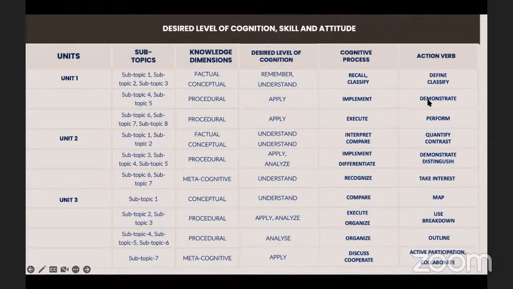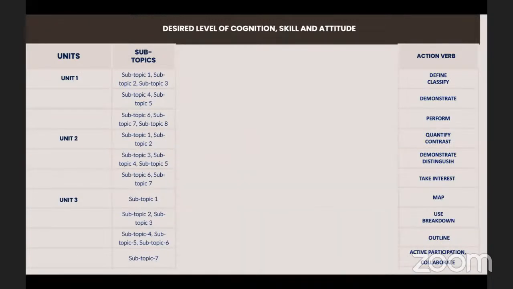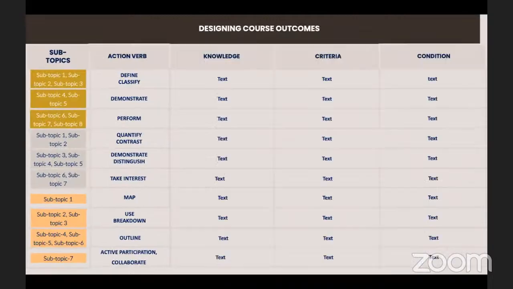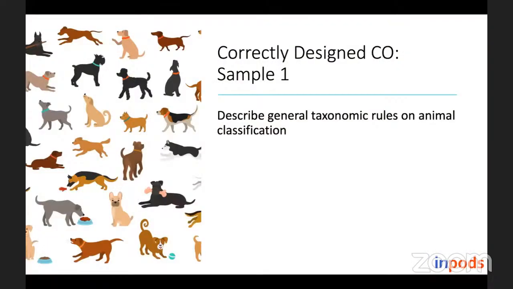What you can do is take the highest one within that category of action verbs, the highest level of cognition, this cognitive process, and use that as the input to your course outcome designing. Probably that will help you optimize your course outcomes design properly. But you can study, research more, and find your own ways of designing it.